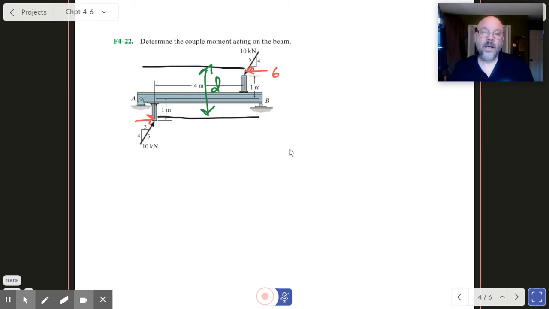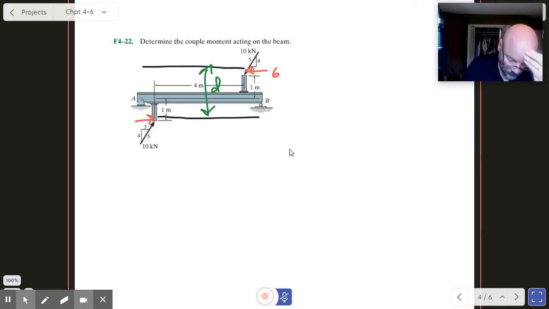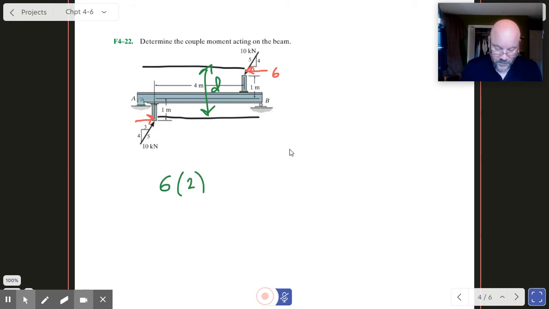That tells us we can get a moment from that, and that moment is going to be 6 times the distance between them, which is 2. And that's going to be positive, just like that.